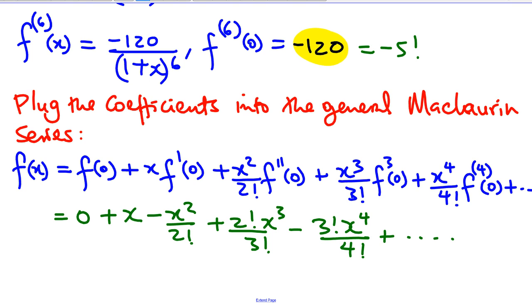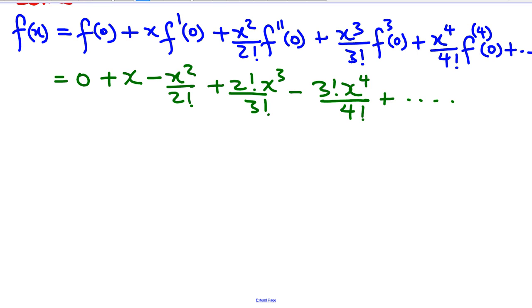Now we can simplify this. 0 is just 0. Then x minus x squared over 2, plus this bit you can simplify.